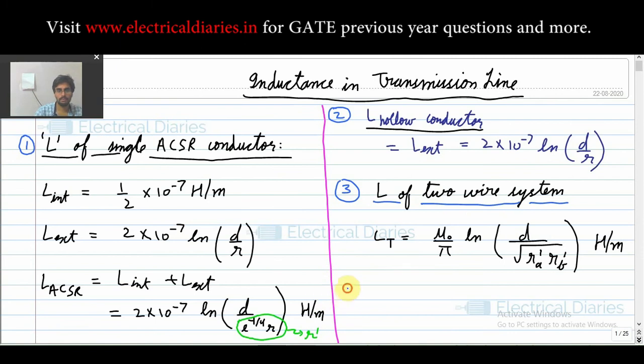Now the fourth is the inductance of the transposed three-phase line.